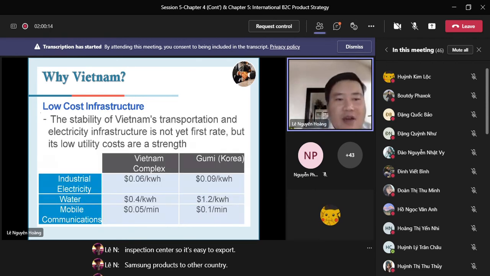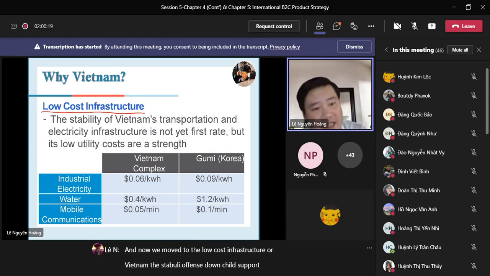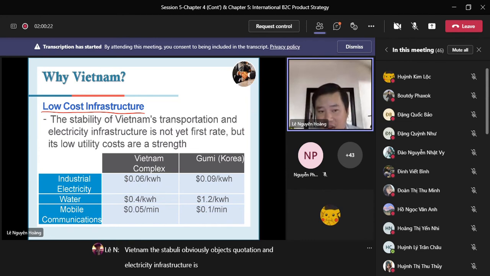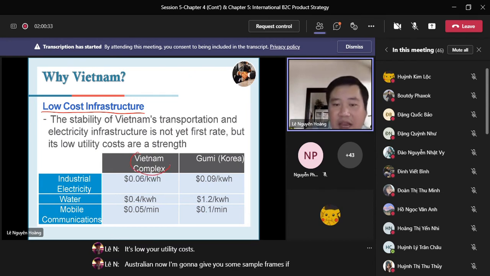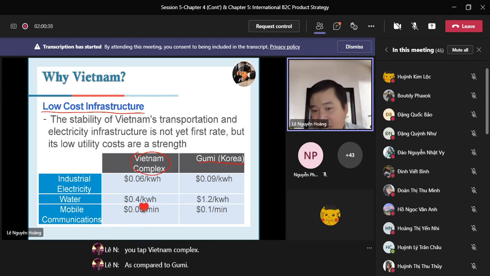And now we move to the low-cost infrastructure of Vietnam. The stability of Vietnam's transportation and electricity infrastructure is not yet first-rate, but its low utility costs are a strength. Now I'm going to give you some examples. If you take the Vietnam complex as compared to the Gumi facility in Korea, in terms of industrial electricity, it costs roughly about 6 cents for every kilowatt hour.